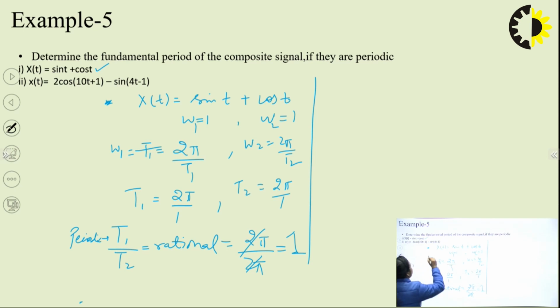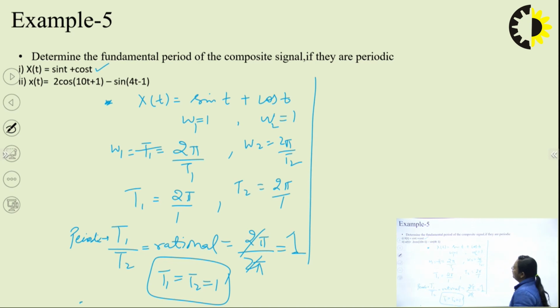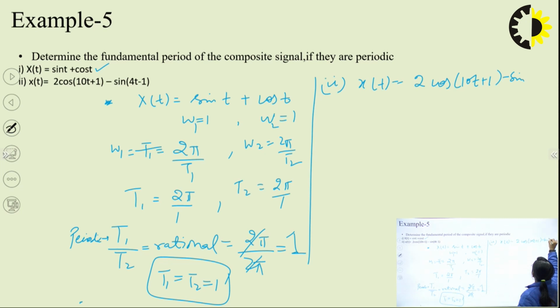So this signal is periodic in nature with the time period T1 equal to T2 equal to 2 pi.